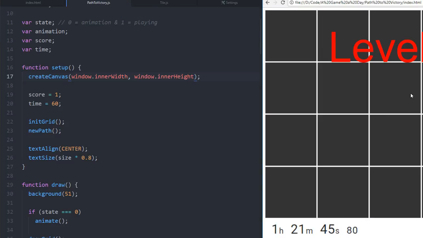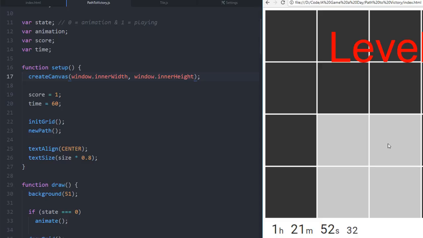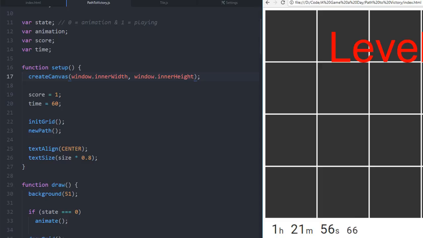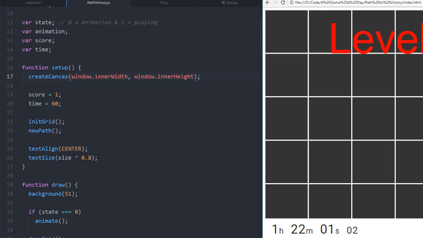And since we set it up, yes, awesome. There we go. Okay, there.